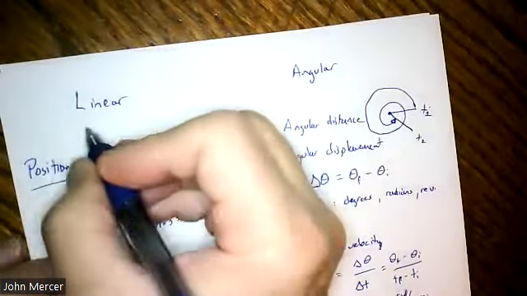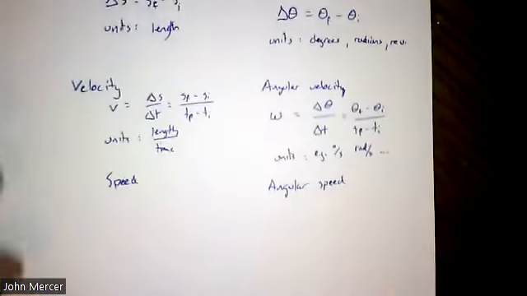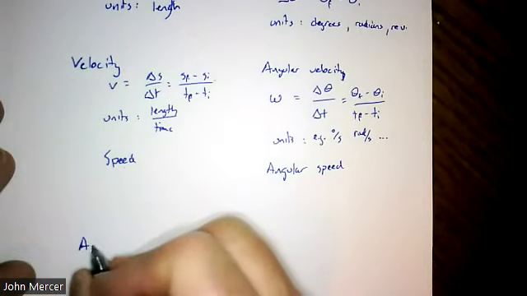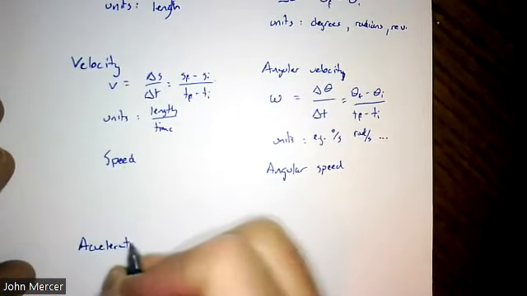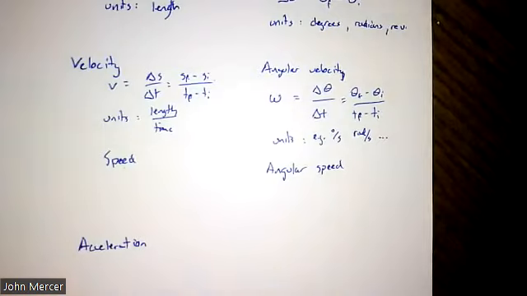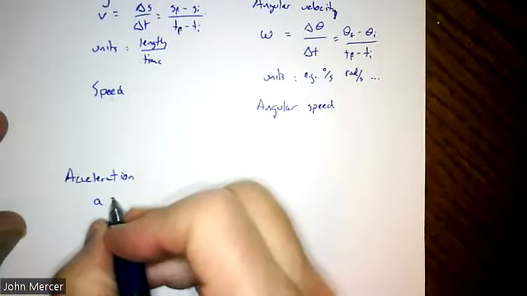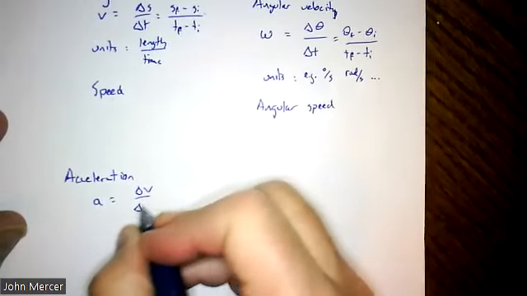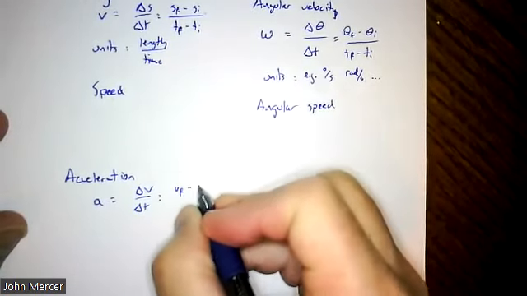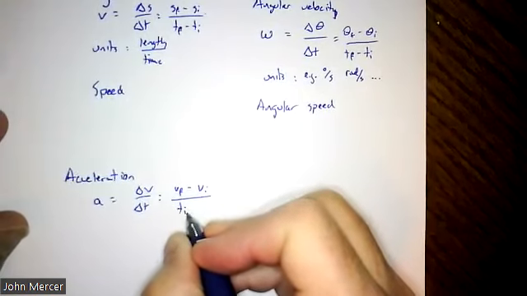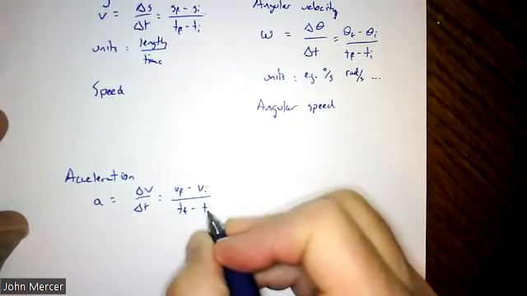Okay, our last parameter is acceleration. Time rate of change of velocity, how fast velocity is changing. And that equation is A equals delta V over delta T, VF minus VI over TF minus TI.